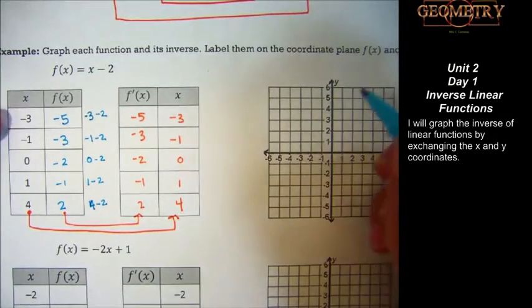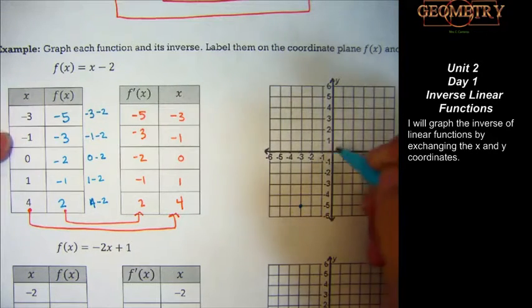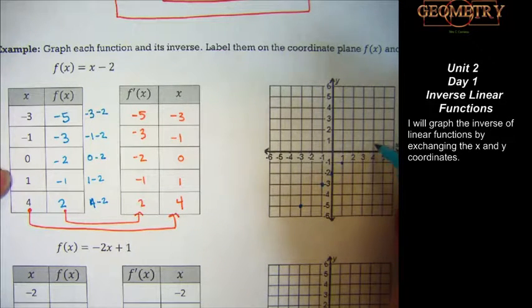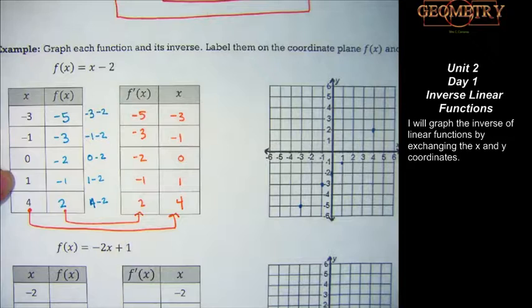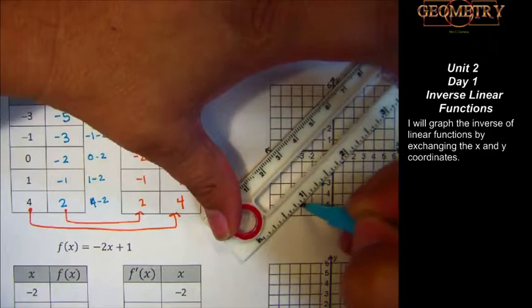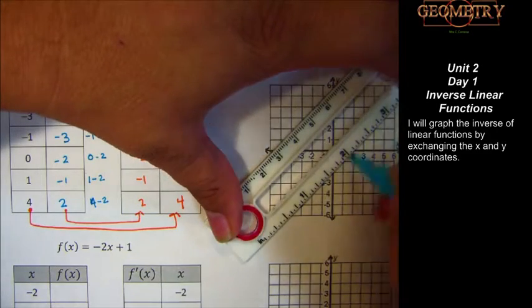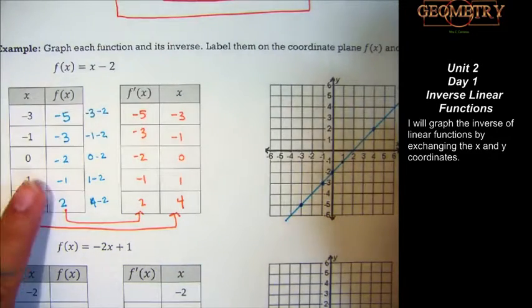Okay. Gonna graph this one in blue so it matches. And I'm going to take my handy dandy straight edge maker and turn it into a line. I'm graphing the blue one, the original function.